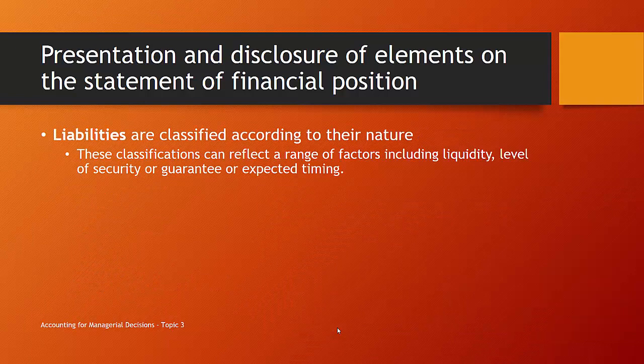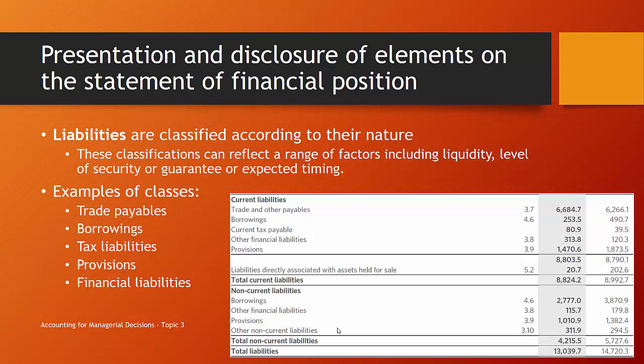Turning now to liabilities, and liabilities are classified according to their nature. They can reflect a range of things, including liquidity, level of security or guarantee, or when they're expected to happen. And again, we see a lot of common, certainly for our purposes, a lot of common examples of liabilities, especially in Woolworths.